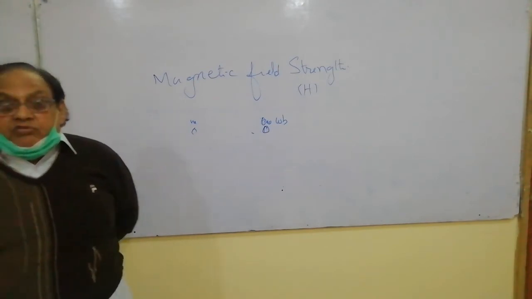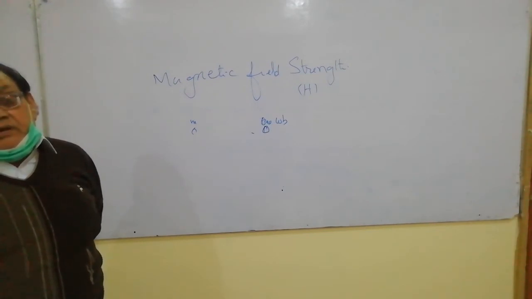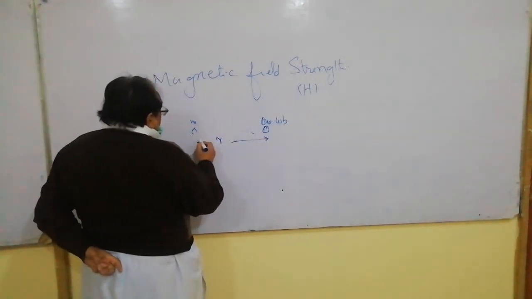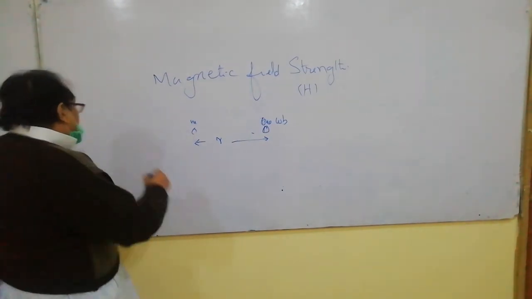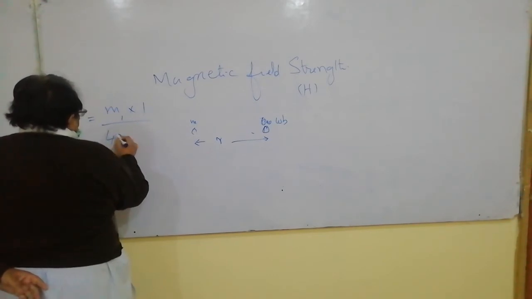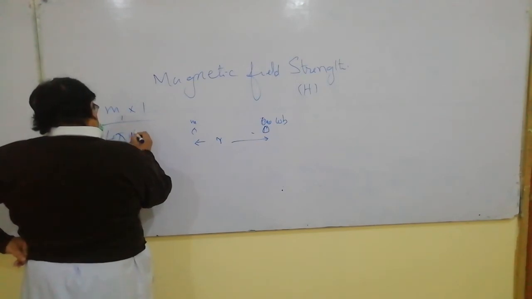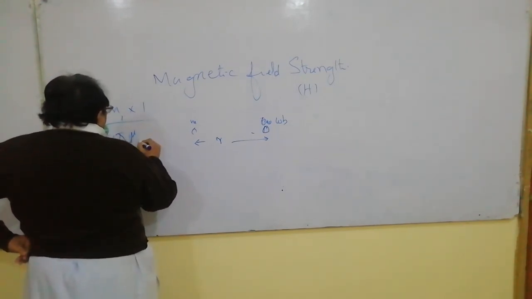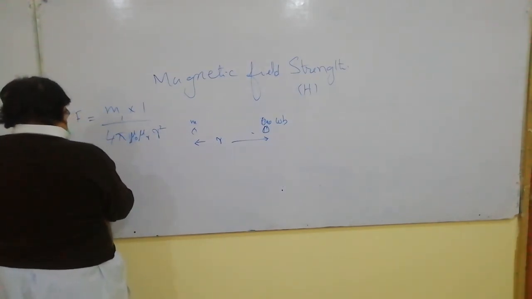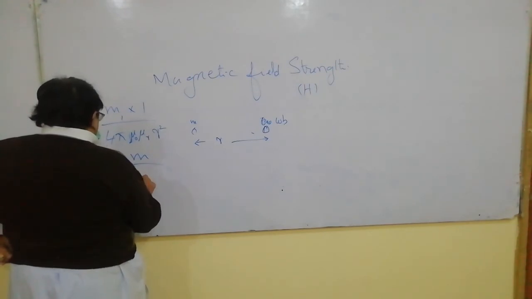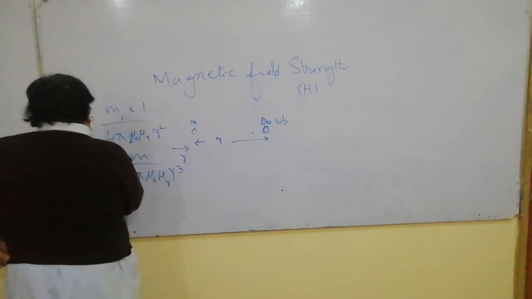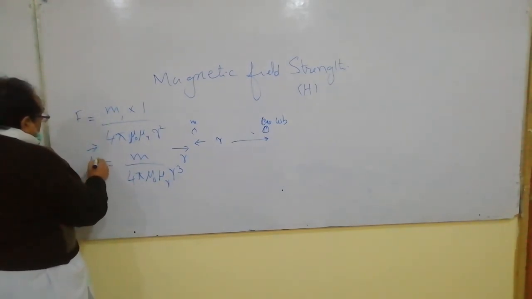The force experienced by 1 Weber unit of north pole when placed in a magnetic field at a distance r meter from a similar pole M. So we can write it like this: force F is equal to M into 1 divided by 4 pi mu naught mu r into r square, and this can be written as M divided by 4 pi mu naught mu r into r cube into the r unit vector, and this is called magnetic field strength.